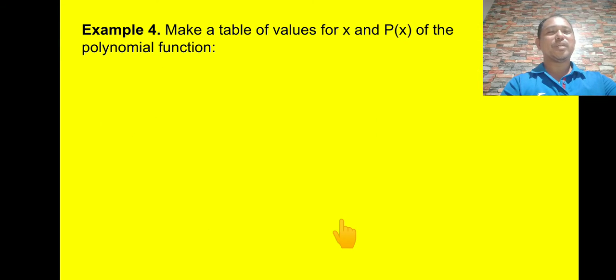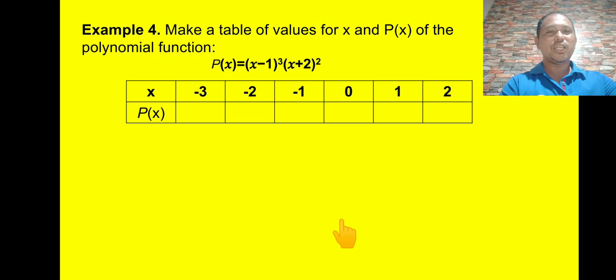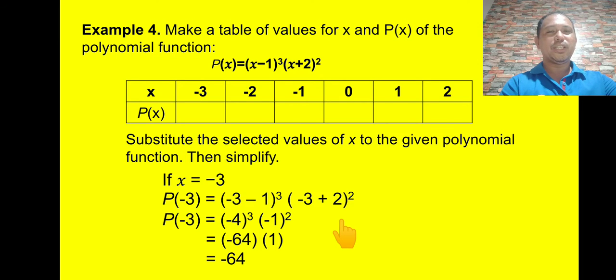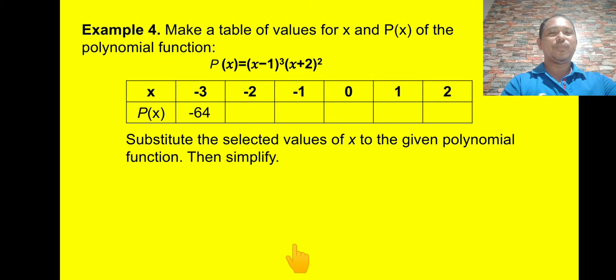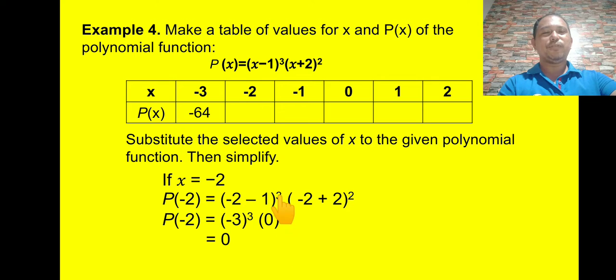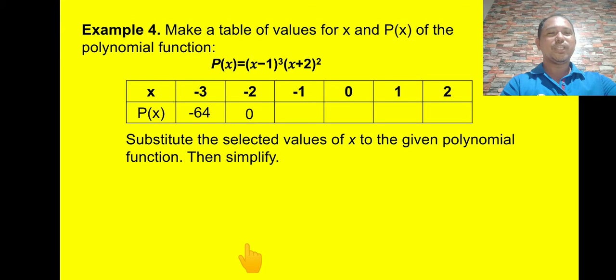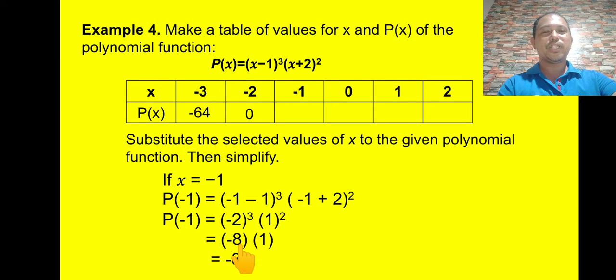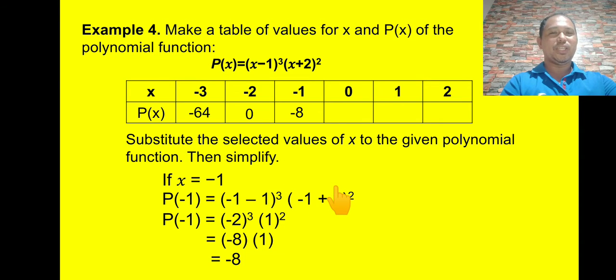So we proceed to example number 4. Make the table of values for x and p of x of the polynomial function. Okay, so you have here, then you're going to replace. If x equals negative 3, then you're going to simplify, and we got negative 64. Then number 2, if it is negative 2, then simplify, the answer is 0. Then next, if x equals negative 1, then you're going to simplify, and we got negative 8.